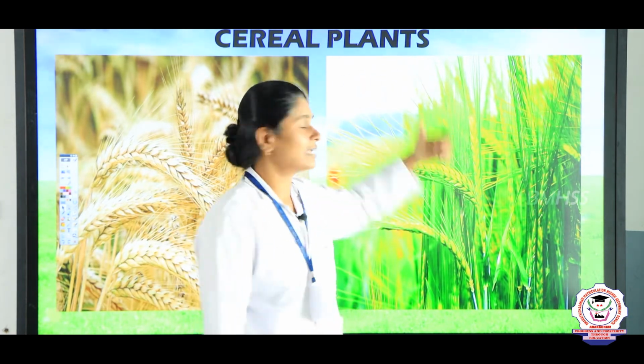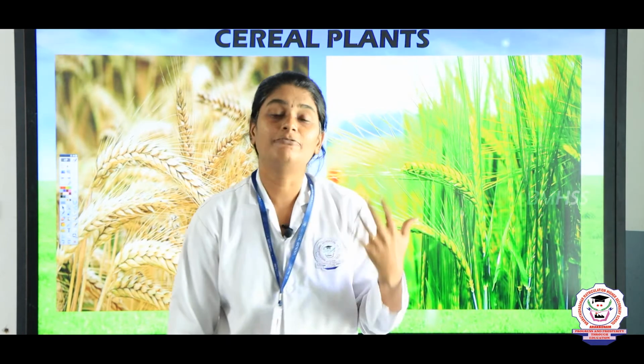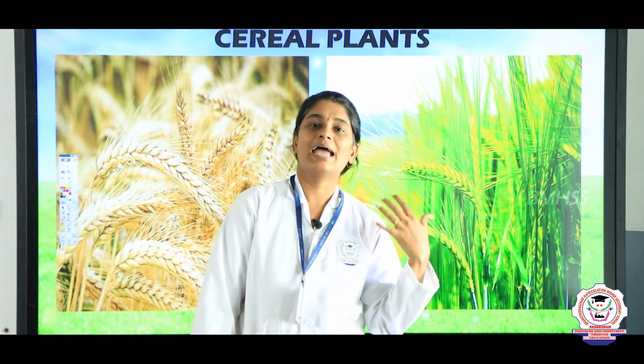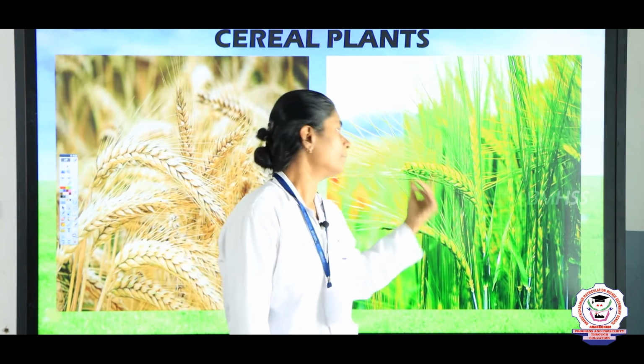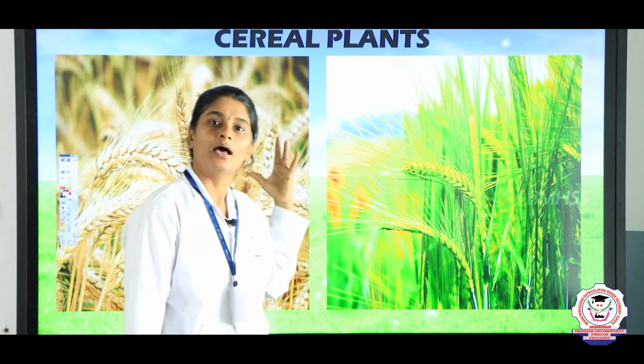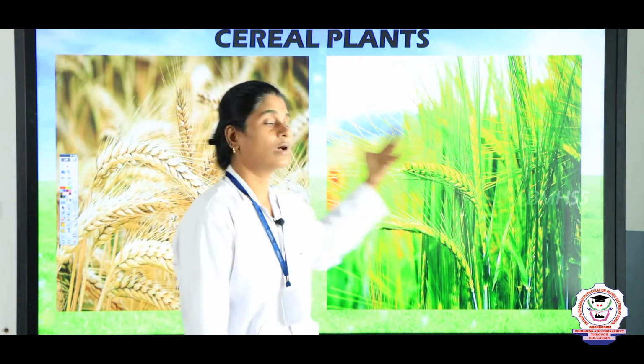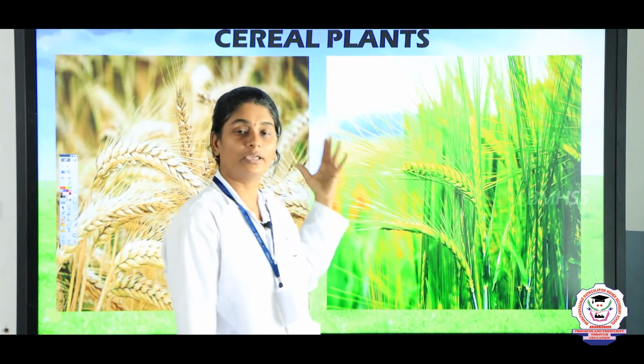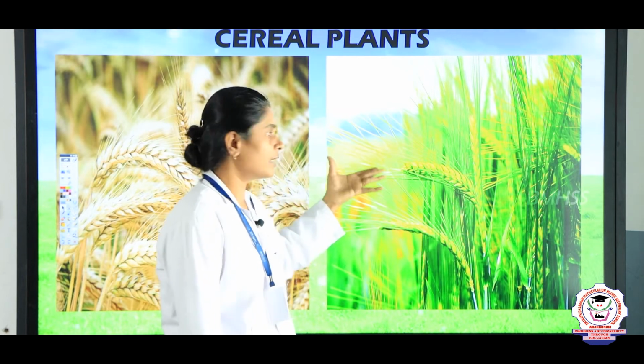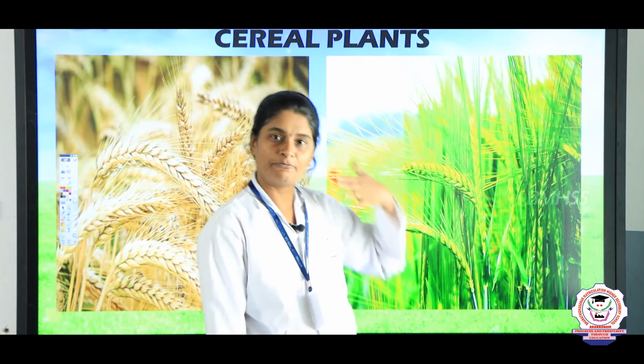These cereal plants provide food to animals and human beings. Of course we eat rice, maize, barley and wheat. So these cereals are food, right, for the animals and even for human beings.